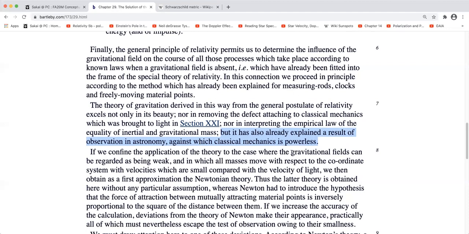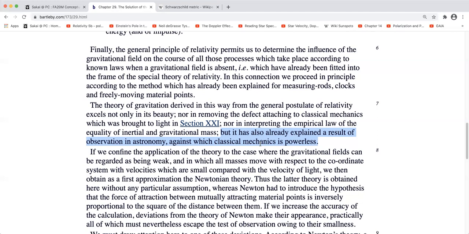Classical mechanics, or Newton's law of universal gravitation, explains two things about Mercury going around the sun. One, the reason for the elliptical orbit around the sun: you can derive it from Newton's law of universal gravitation. And the second thing is that the elliptical orbit itself, the whole orbit actually rotates.